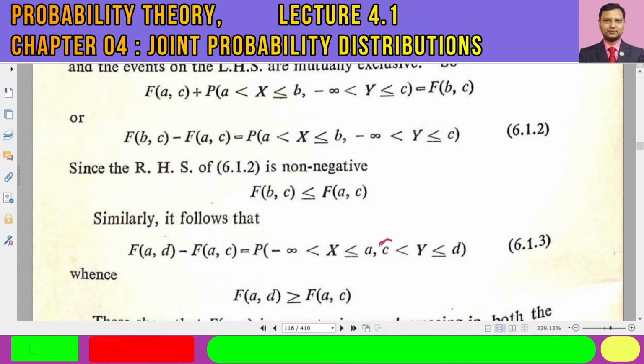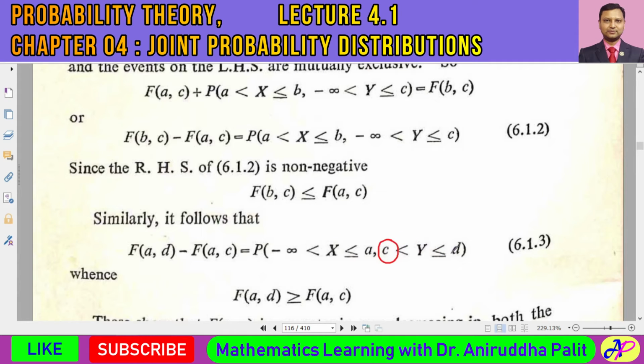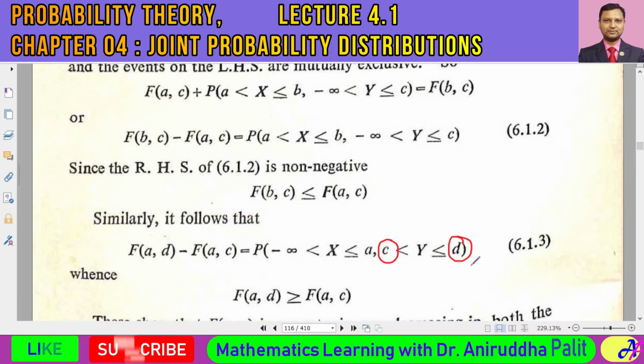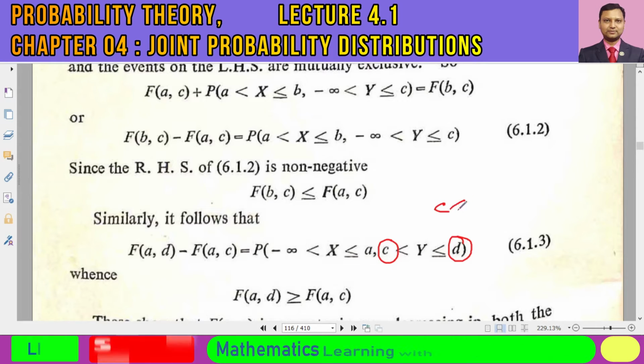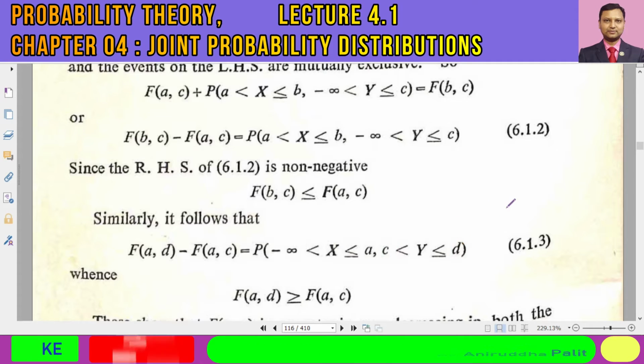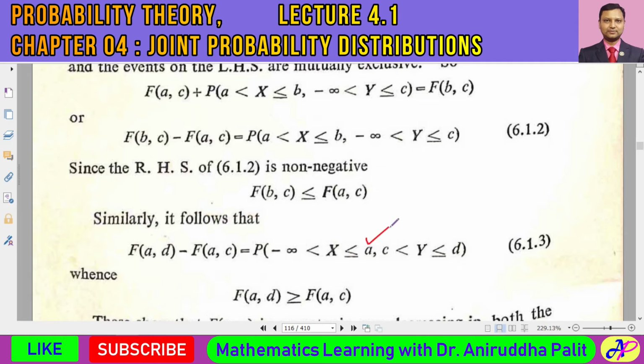Similar kind of formula holds if you consider a region where C less than Y less than or equal to D. Over here, of course, C is less than D. Got it? You see over here the upper bound is A, so in the X coordinate it is f of A, and over here this is also f of A. So A remains fixed.